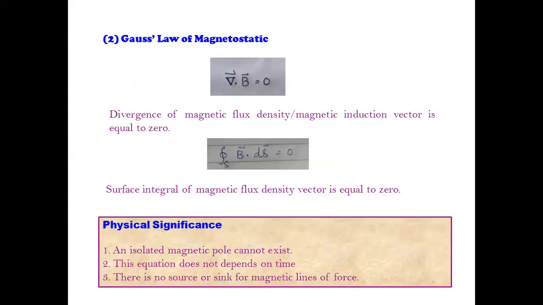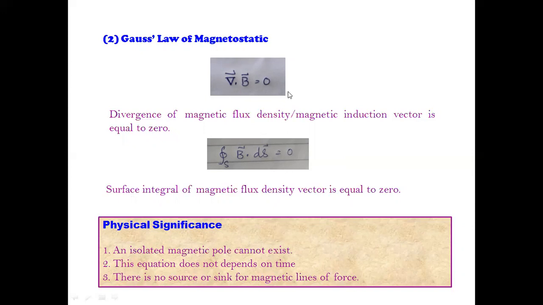Second law of Maxwell's equations. This is known as Gauss's law of magnetostatics. What is the differential form? The differential form is the divergence of the magnetic flux density or magnetic induction vector is equal to 0. Whereas the integral form is the surface integral of the magnetic flux density vector is equal to 0.